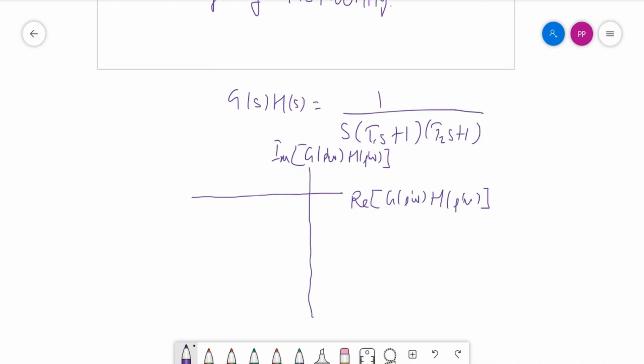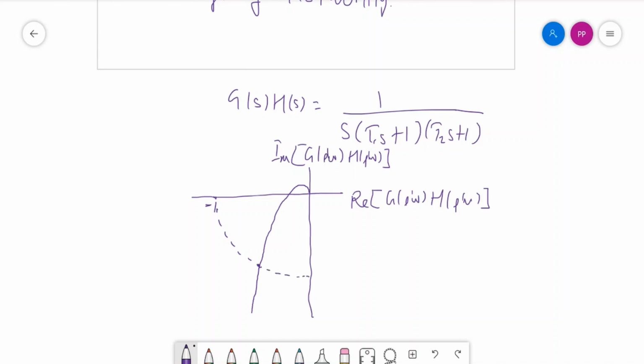Let us do it very carefully, because the practical situation will give a very different result if we don't plot it properly. So I give this point as -1. You can see that I am drawing the radius of -1 over here.